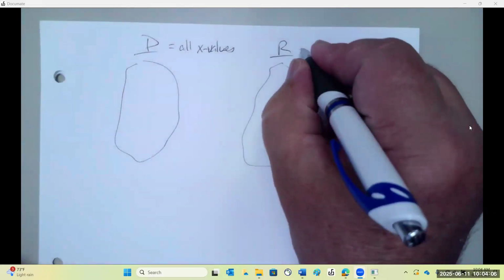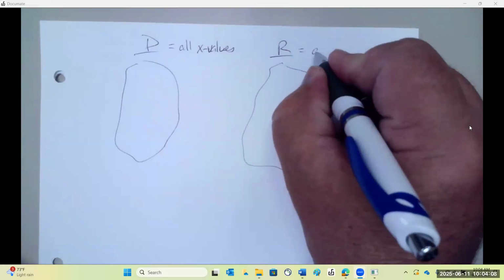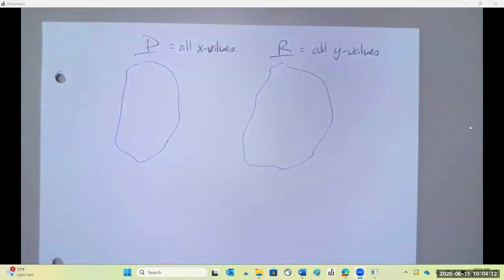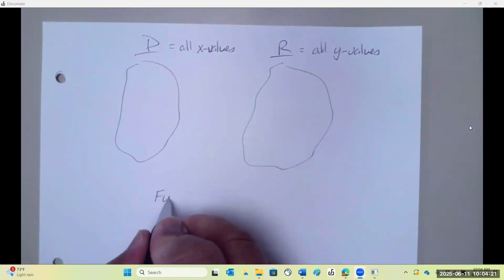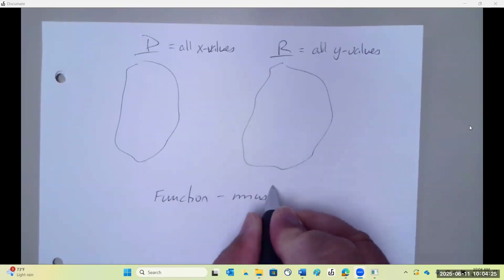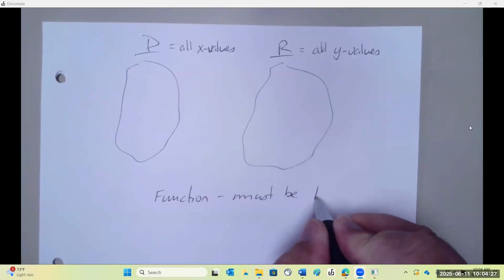The range are all the Y values. So a function must be 1-to-1.